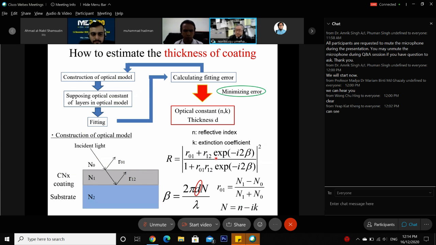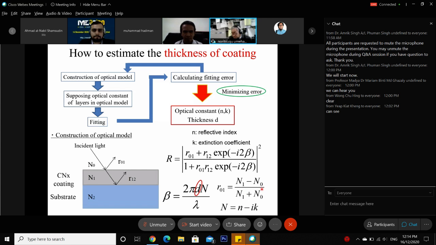So how to estimate the thickness of the coating? At first, we should estimate the n, k, t values of the topmost layer, and we can make some optical model like this. So the total reflectance can be described like this. The R value can be described like this.